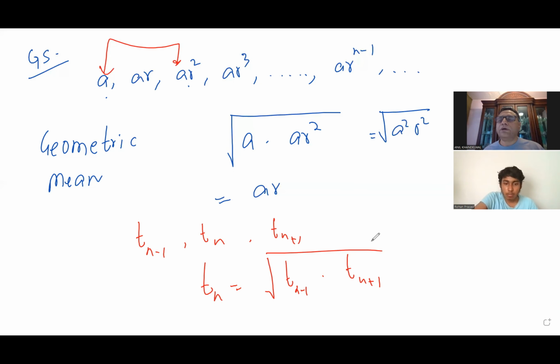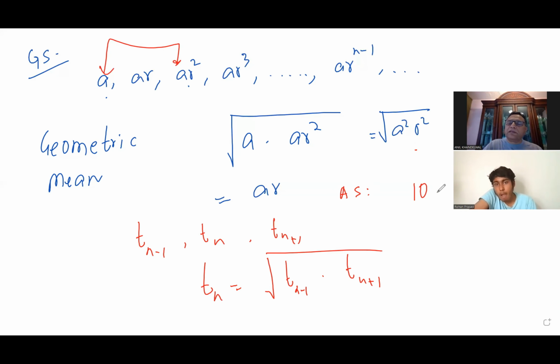Yeah, so let us say we have a term 10 here and another term, let's say 20. 10 and 20 are two different terms, and in between there is another term.